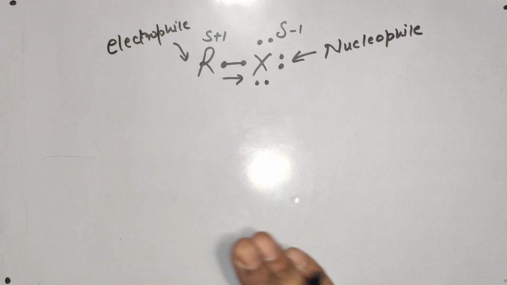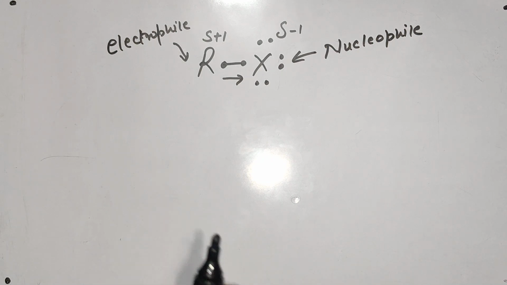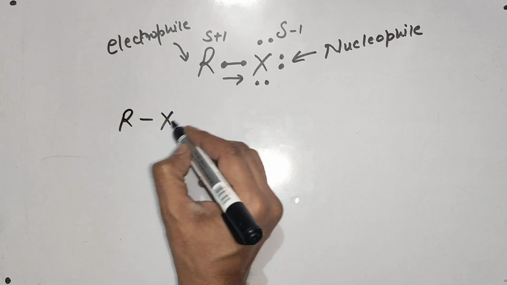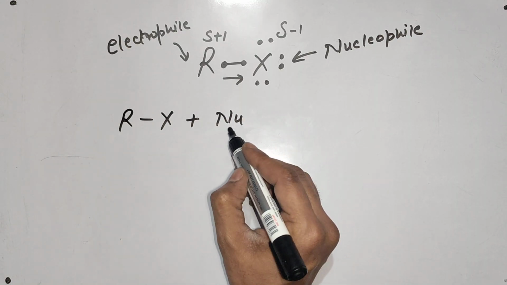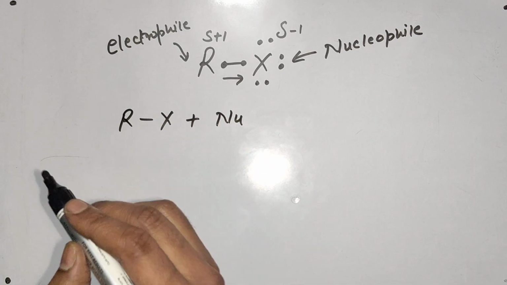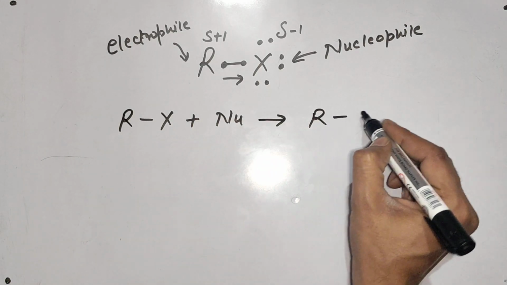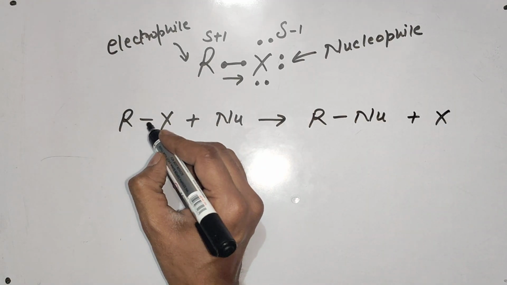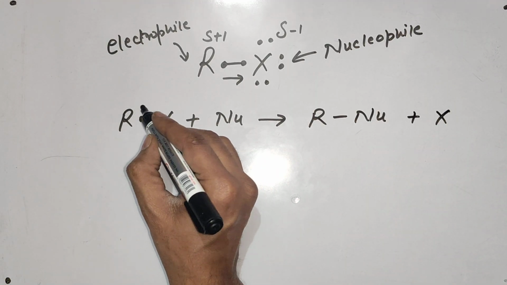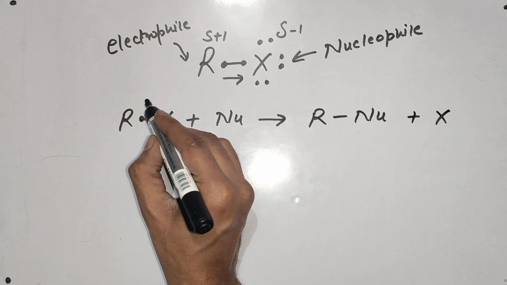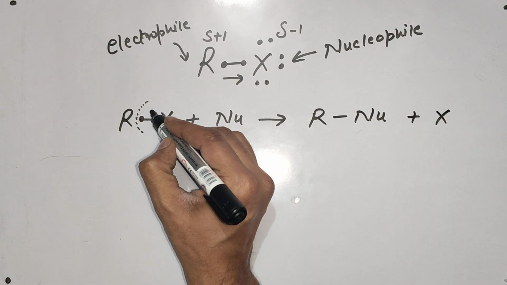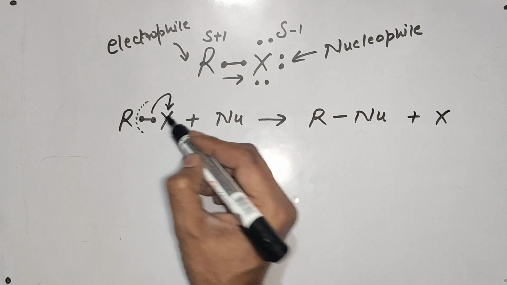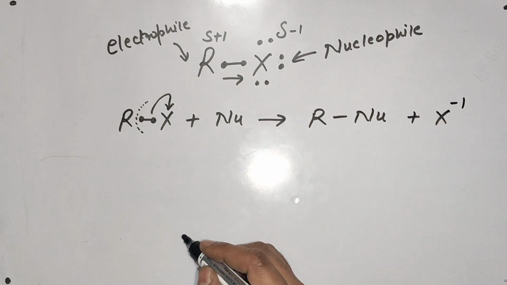Now, if we know who is the nucleophile, we can easily understand nucleophilic substitution reactions of RX. Suppose RX reacts with a nucleophile and this nucleophile is strong as compared to X. What will happen? X will be substituted by the nucleophile and X will be eliminated. How will it be eliminated? The bond will break between R and X because X is more electronegative. So when the bond breaks, electrons will go toward X. Now X will carry the extra electron of carbon with it. That's why we will have a -1 charge there.